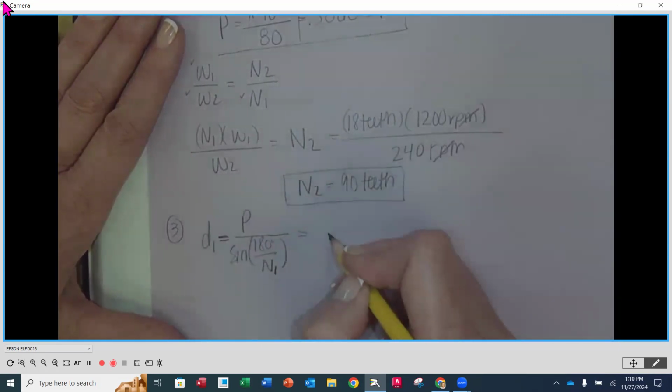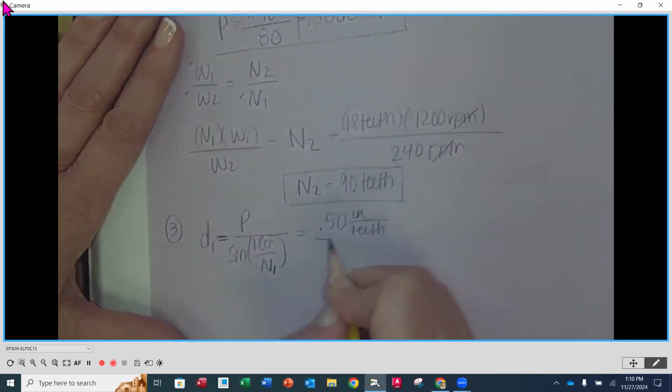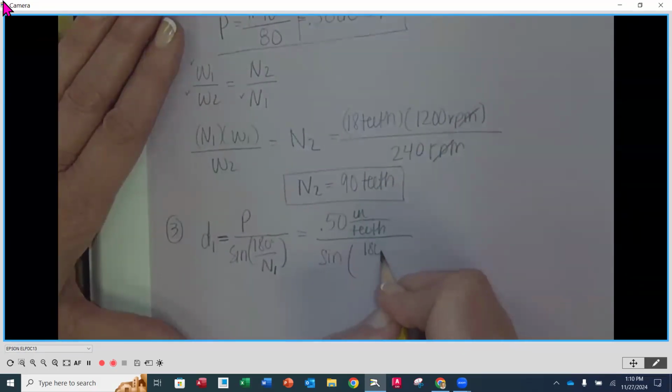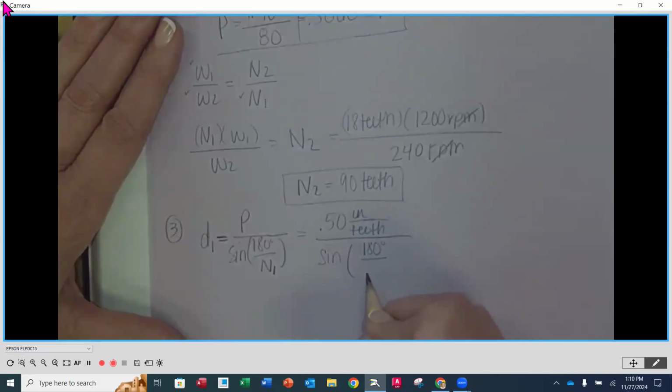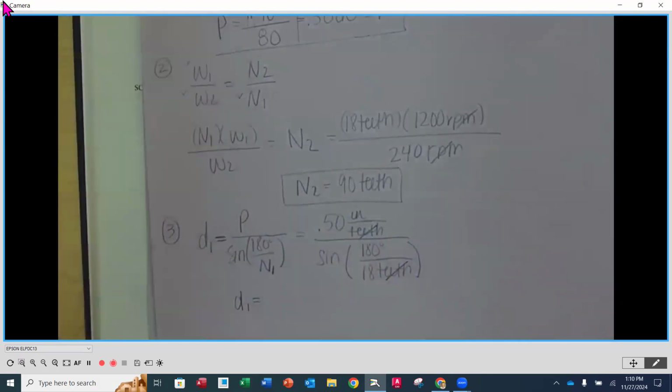So our pitch on the top is going to be 0.5 inches per tooth, divided by sine of 180 degrees divided by the number of teeth on number 1, which is 18 teeth. Teeth cancel out, and we'll end up with inches. So my D1, what do we get for that value?